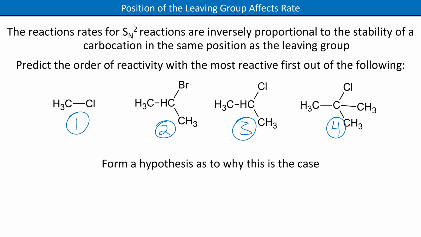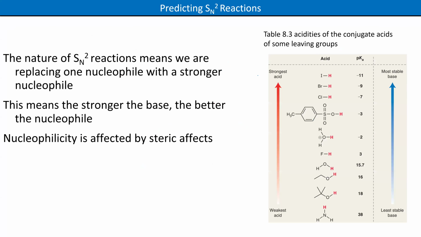But in general, primary versus secondary versus tertiary matters more than what your leaving group is, as long as your leaving groups are close to the same strength. And for these halides, they are. Those are all relatively close together.